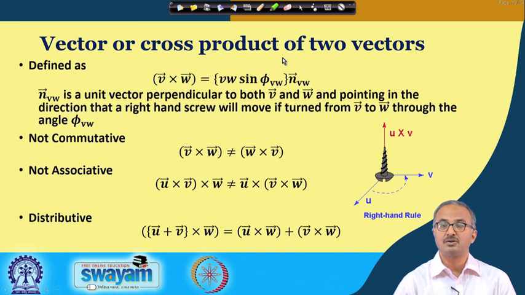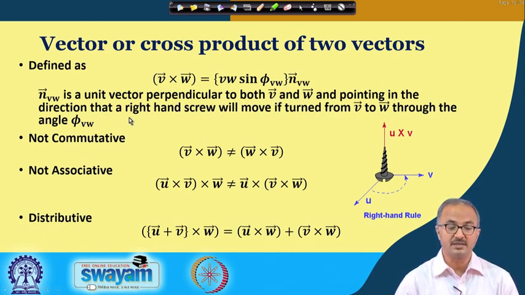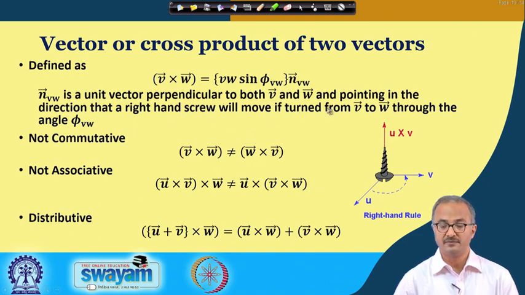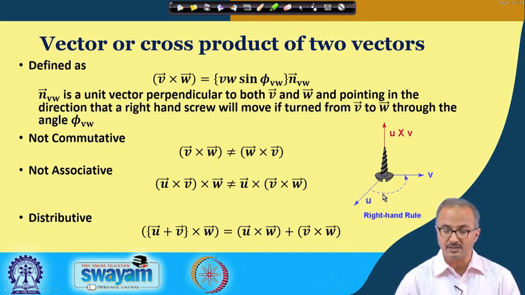And then we have the cross product of vectors. In this case, v cross w is defined as |v||w| sin phi vw into a vector n vw. Now what is this n vw? n vw is a unit vector perpendicular to both v and w and pointing in the direction that a right-hand screw will move if turned from v to w through the angle. Here we have two vectors u and v instead of v and w.